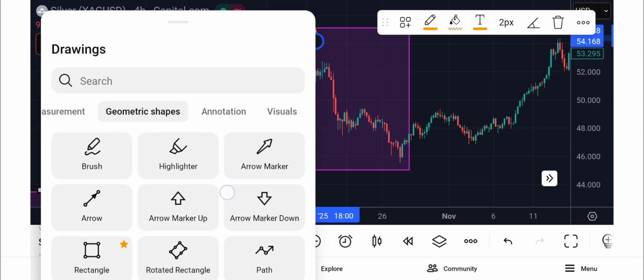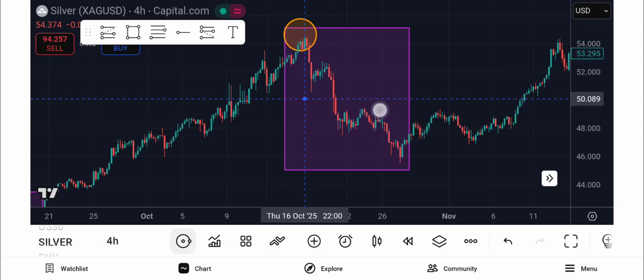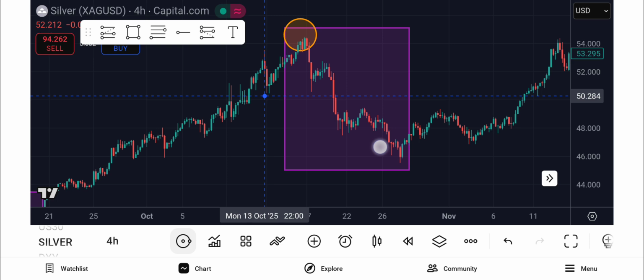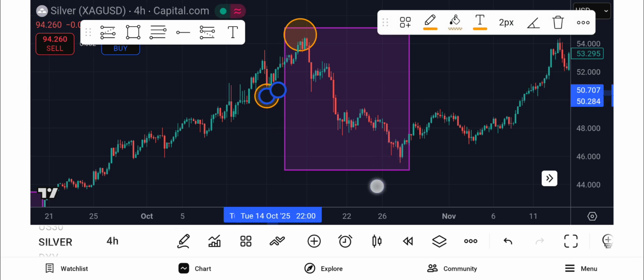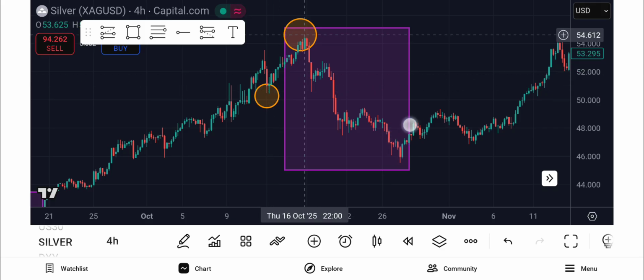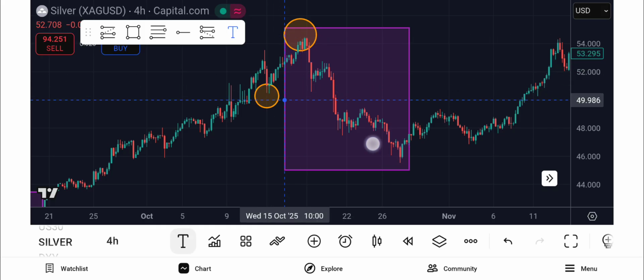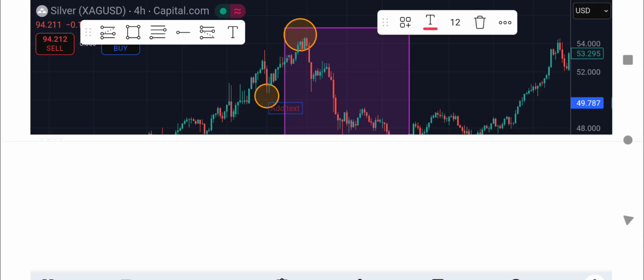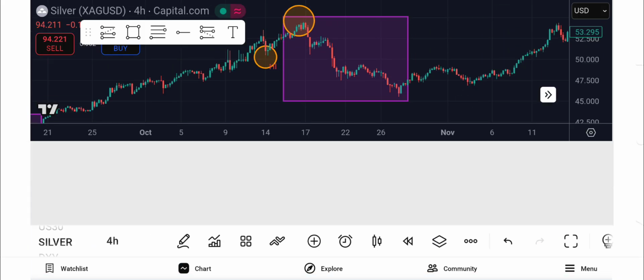So what you do is, this was the initial low, this was the initial high low, this was the initial high.